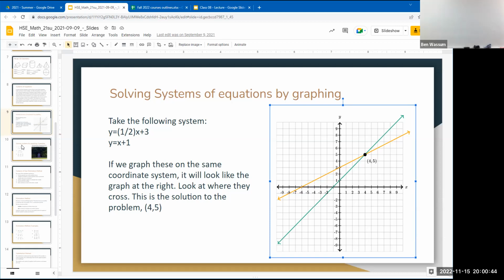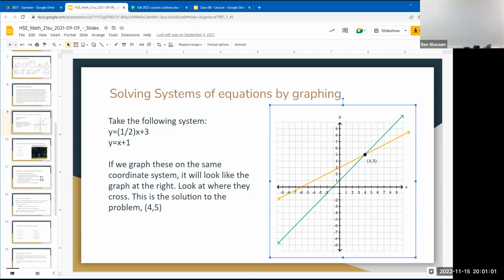If you are using an online graphing calculator where you can put both lines and zoom in and say, hey, that's it, that's fine. But this is not the best way of doing this.